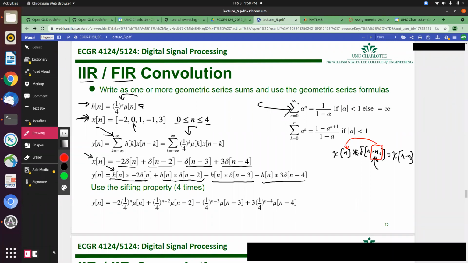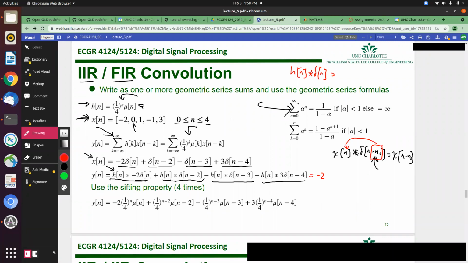So we have 4 such instances. So we can just write down this thing. This is going to equal minus 2 h of n convolved with delta of n. What is that? If h of n convolved with delta of n is equal to what?